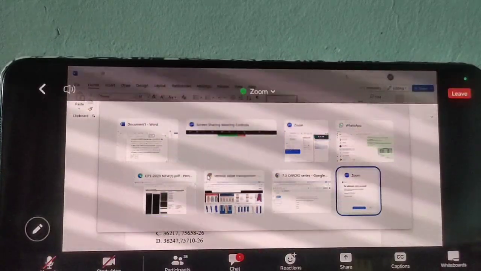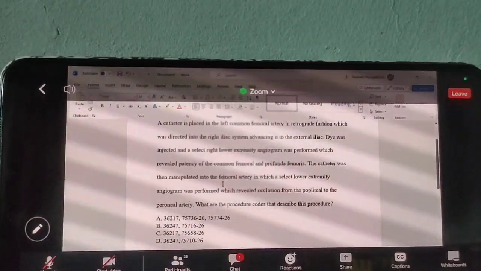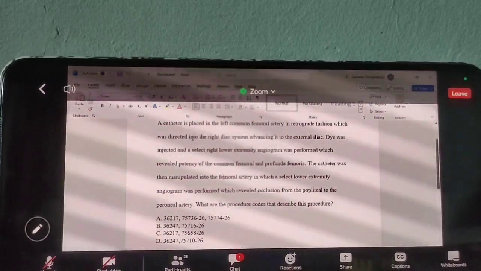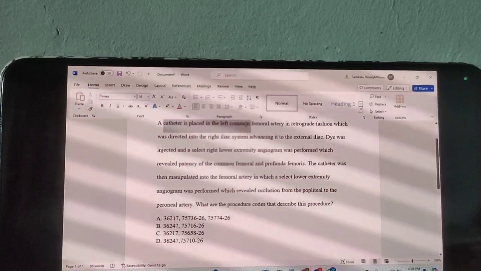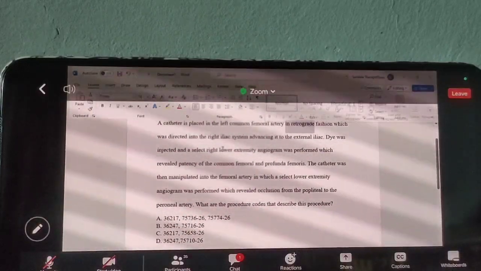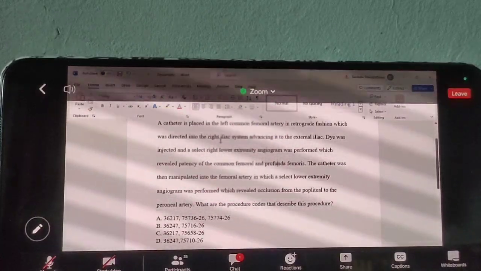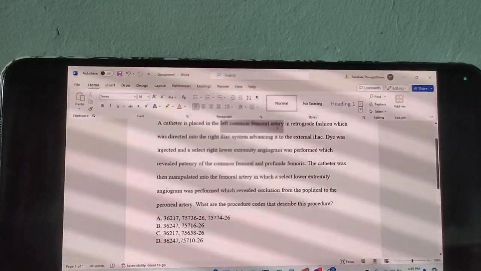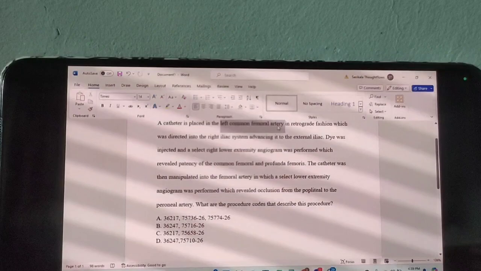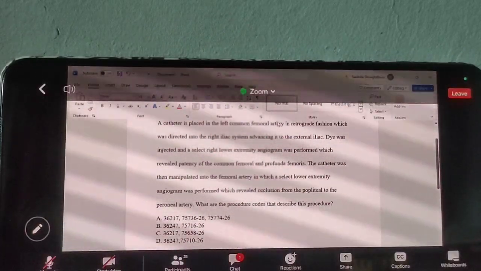Ma'am, can you explain which is the entry point here? Actually, the catheter is placed in the common femoral artery, directed into the right iliac system, advancing into the lower extremity. Okay, common femoral artery, but the common femoral artery is second order, right, ma'am? Second order.